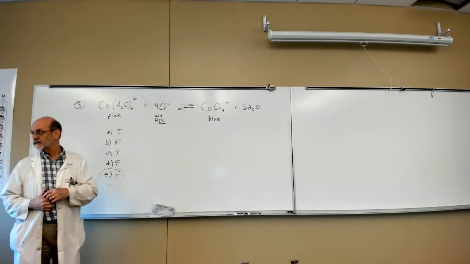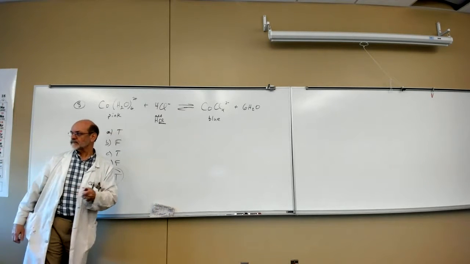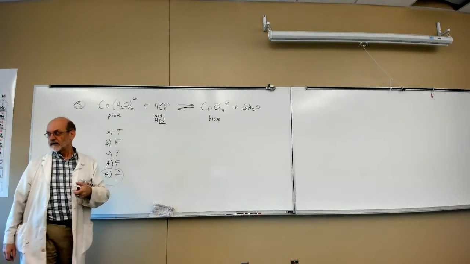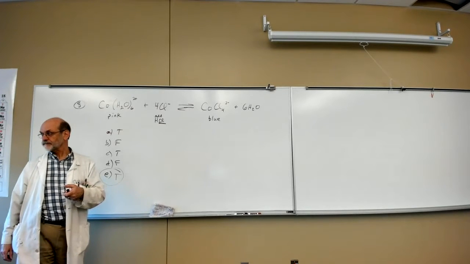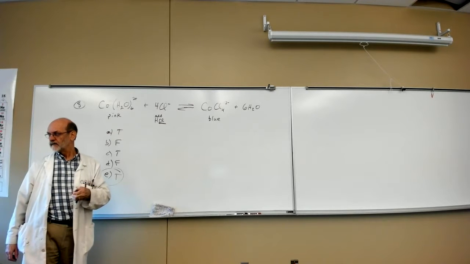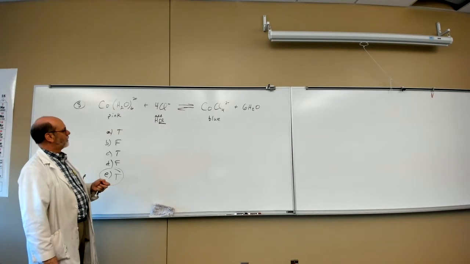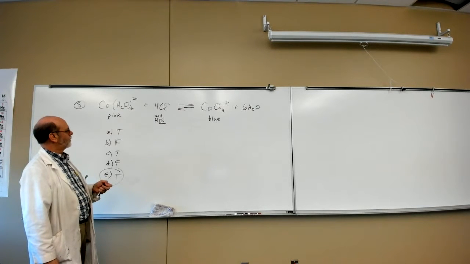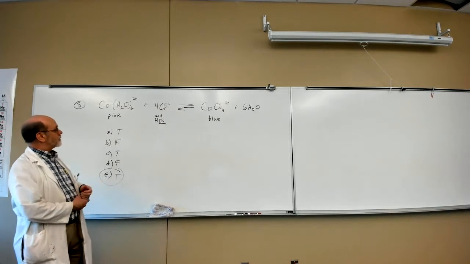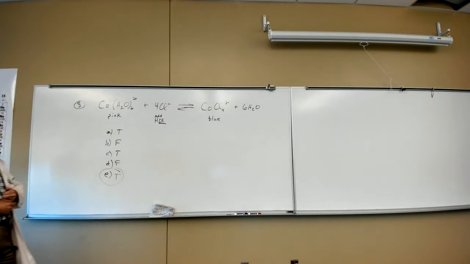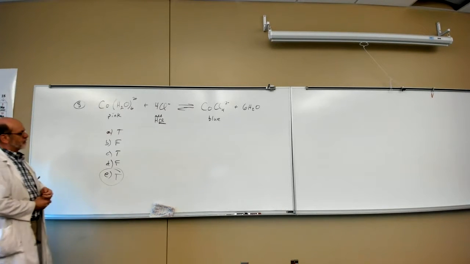So you would write K equal to the products over the reactant on the other side, and because you added more to the bottom, it would make the constant smaller, which would make it shift the other way. If you increase the denominator, it's going to shift.